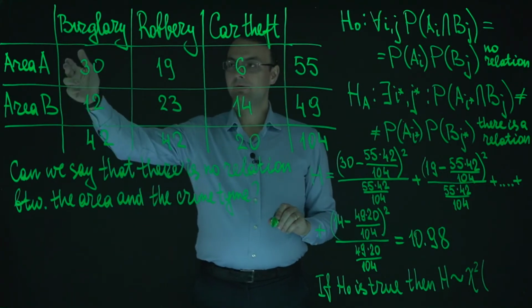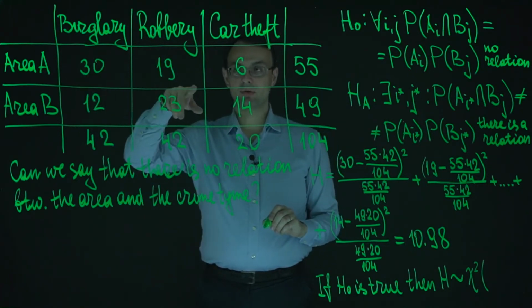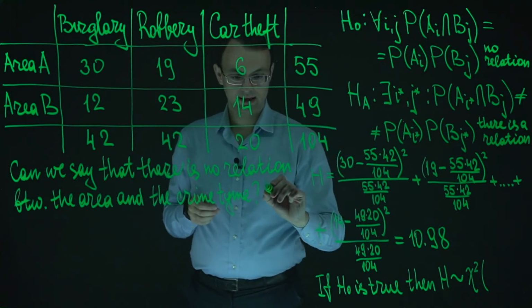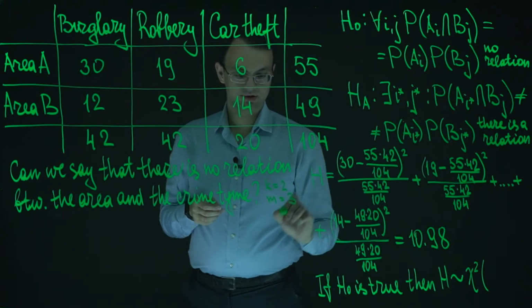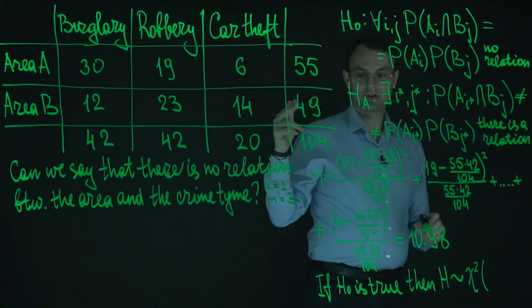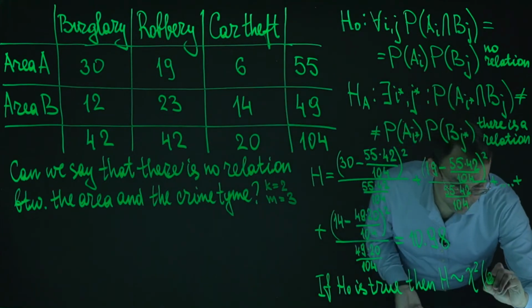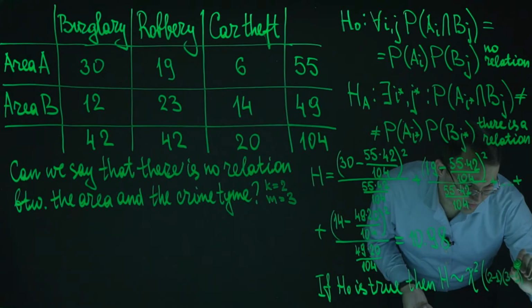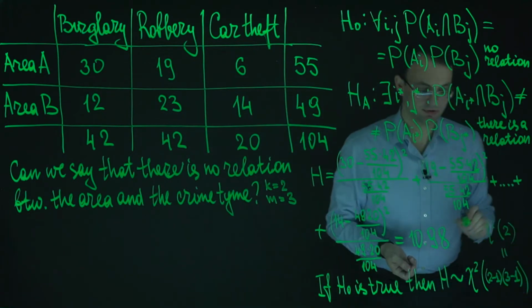In our case we have k equal to 2 and m equal to 3, as we have 2 areas and 3 types of crimes. So here we have 2 minus 1 times 3 minus 1. That means we have the chi-square distribution with 2 degrees of freedom.